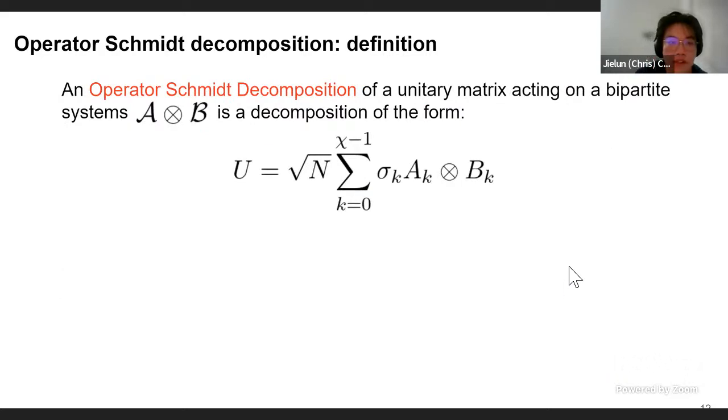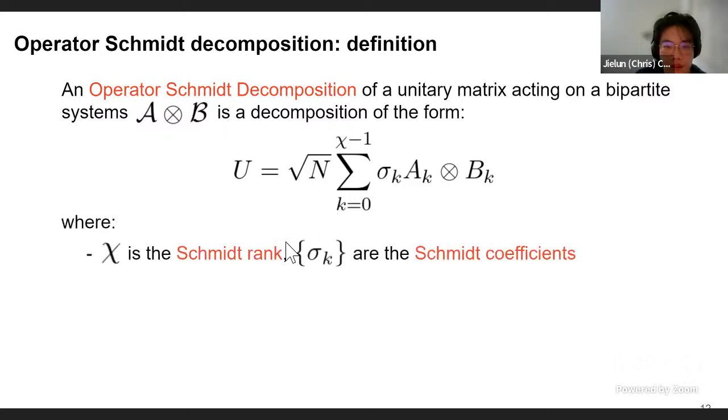So to be more formal, we define the operator Schmidt decomposition of a unitary matrix acting on a bipartite system, A and B, as the decomposition of this form. Here chi is the Schmidt rank, and the sigma k are the Schmidt coefficients.